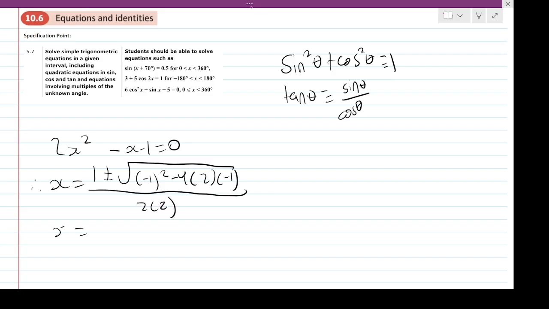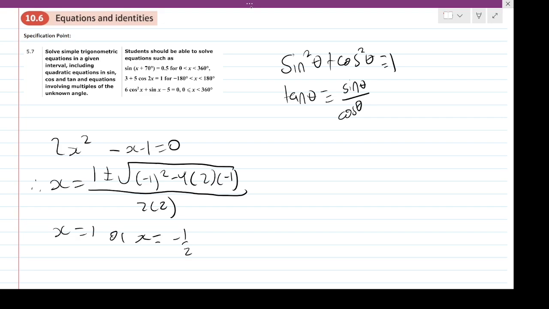And therefore, if I put that in the calculator, I get that the solutions are 1 or minus a half. Okay. Now, even from GCSE, hopefully you're very solid on that.